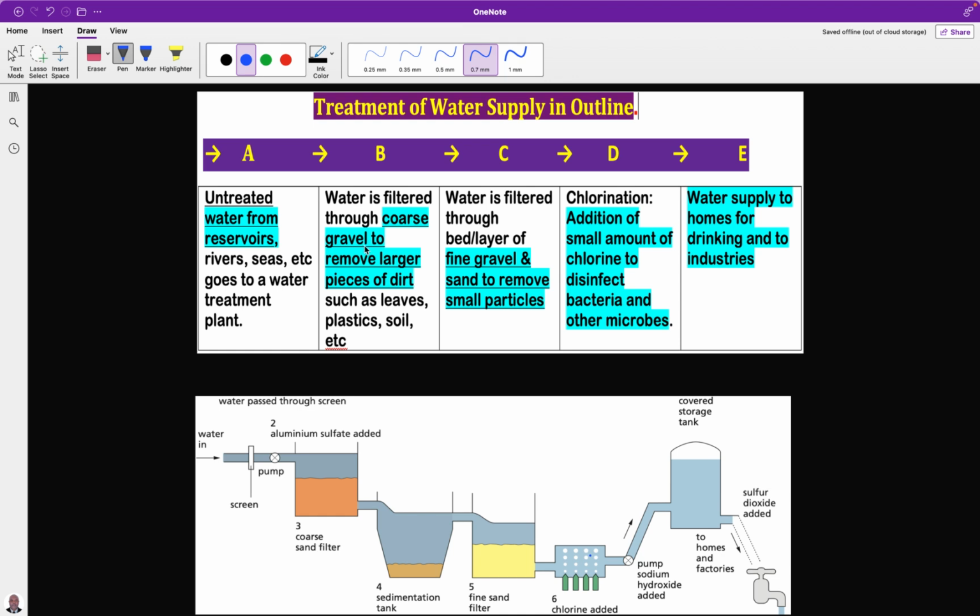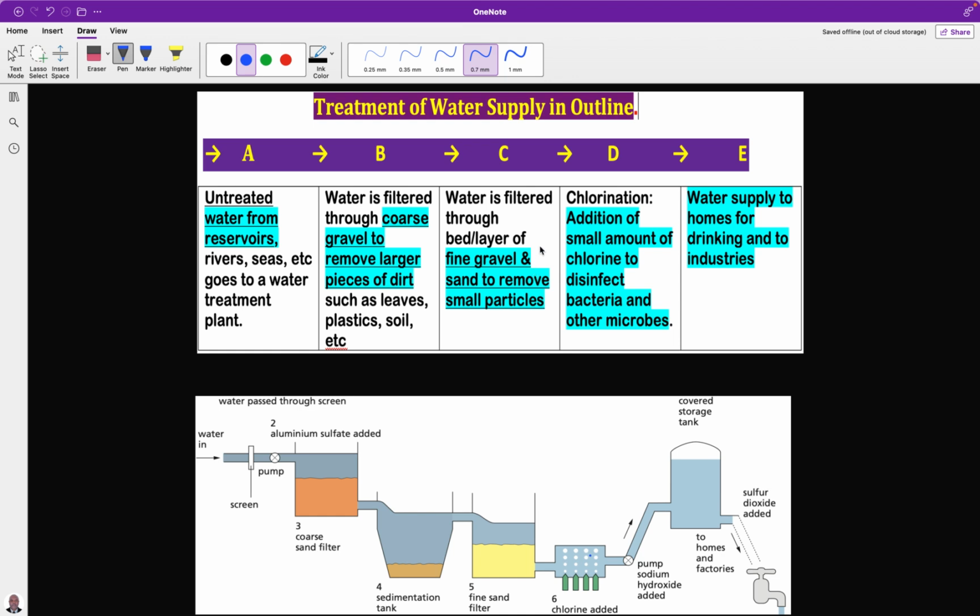After passing the coarse gravel, the water is filtered through a bed or layer of fine gravel or sand, to remove small particles. After the small particles, soil, and other things have been removed, the water now settles.